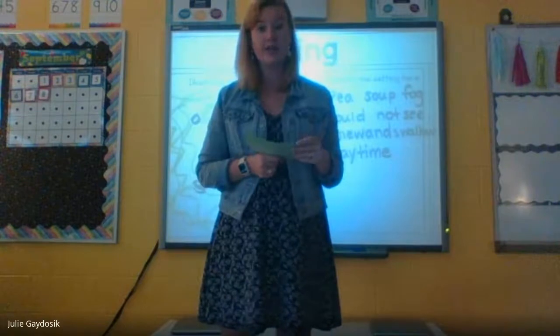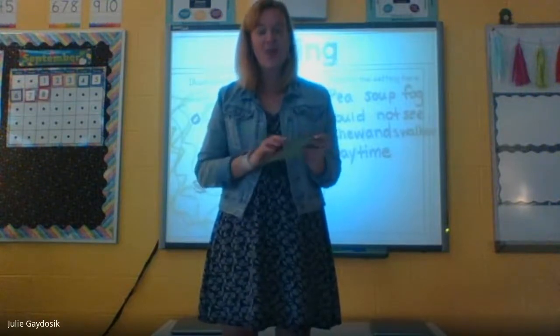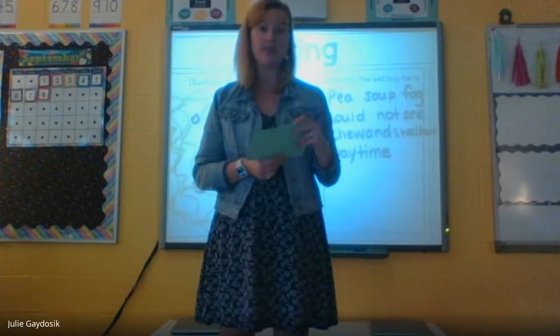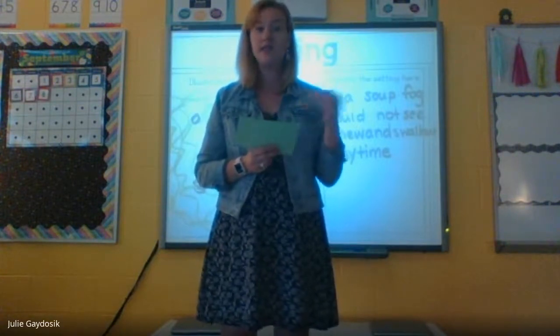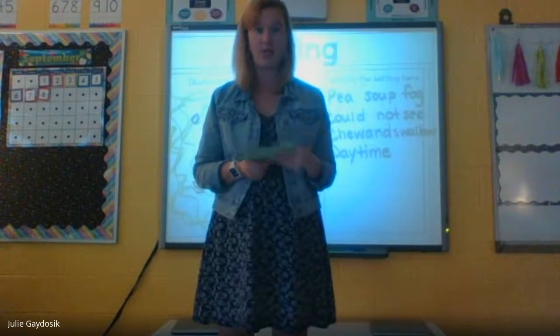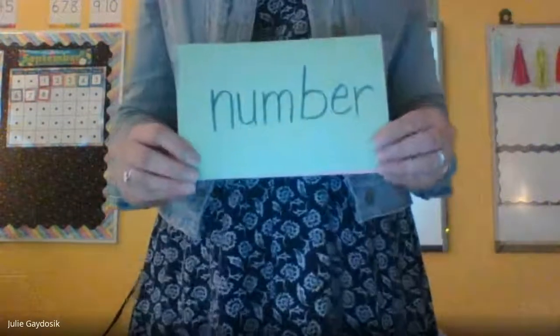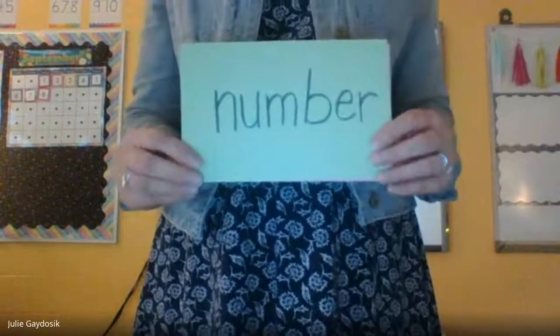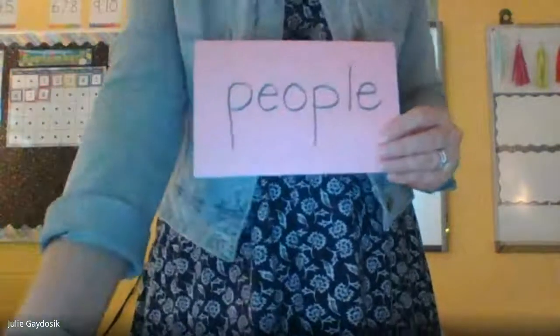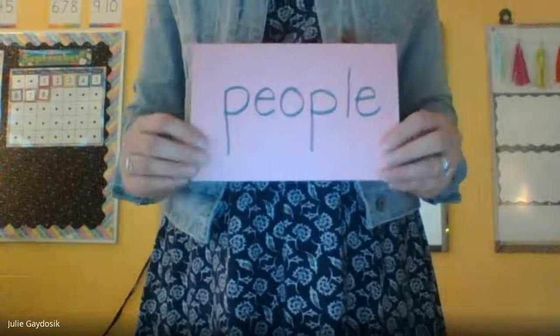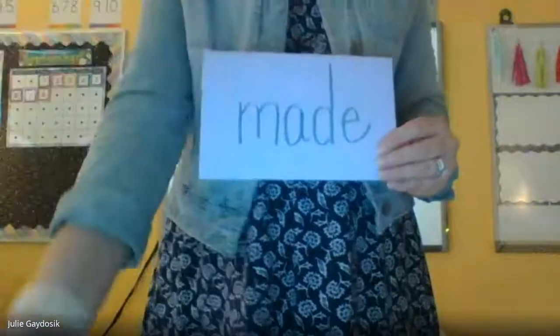But before we leave, I forgot to do this at the beginning. We need to go over our sight words for this week. We're actually reviewing sight words this week. I picked sight words that I knew we all needed to work on. The first word is number. Say it with me, number. The second word is people. Say it with me, people.